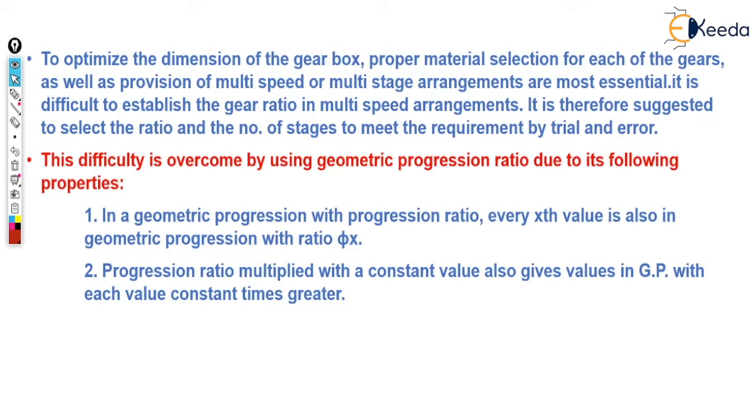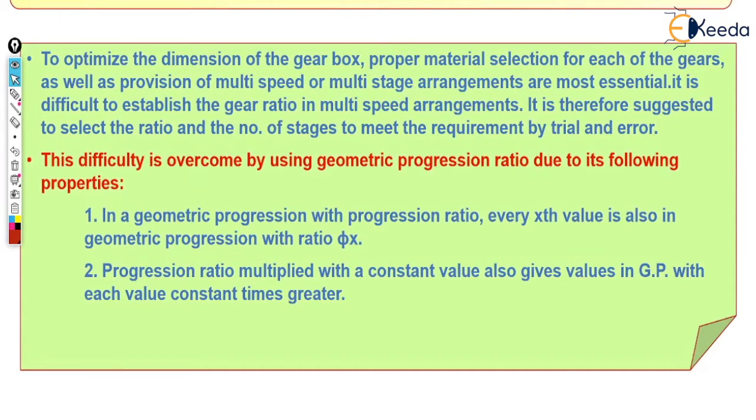Here is the third reason, better design features. To optimize the dimensions of a gearbox, proper material selection for each of the gears as well as the provision of multi-speed or multi-stage arrangements are most essential. While designing the gearbox, there is a limit of space and a limit of speeds.